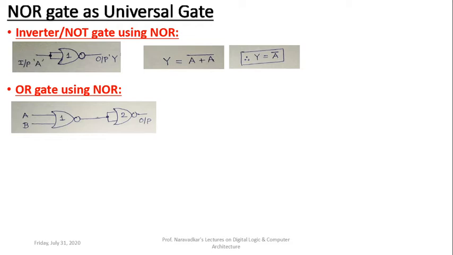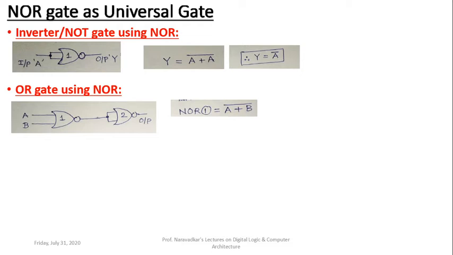Then next, the equations. First of all, the NOR gate 1 equation is nothing but inputs A, B, OR, and then the whole complement. It means that NOR gate 1 output is equal to A plus B whole bar, shown on the right side.